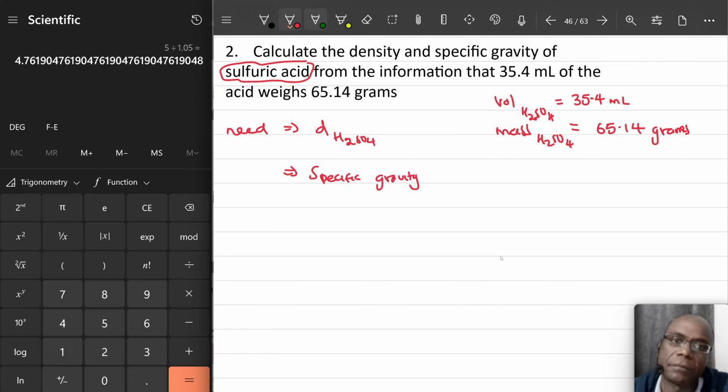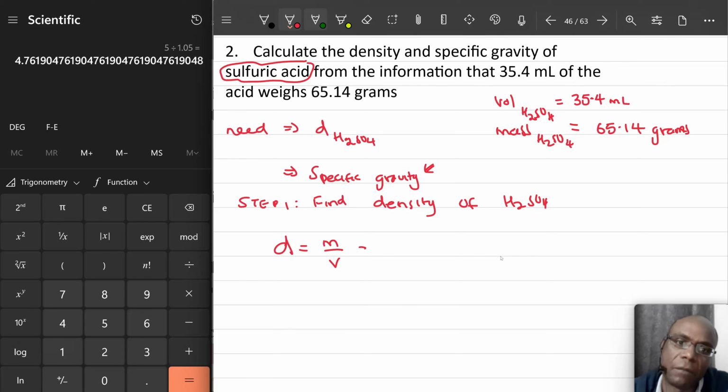Not hard to do. So strategy step 1: you cannot find the specific gravity, which is the density of a substance over the density of water, if you do not know the density of the substance. So find the density of the substance, which is sulfuric acid. We know by formula that density is mass all over volume. Our mass is given as 65.14 grams.